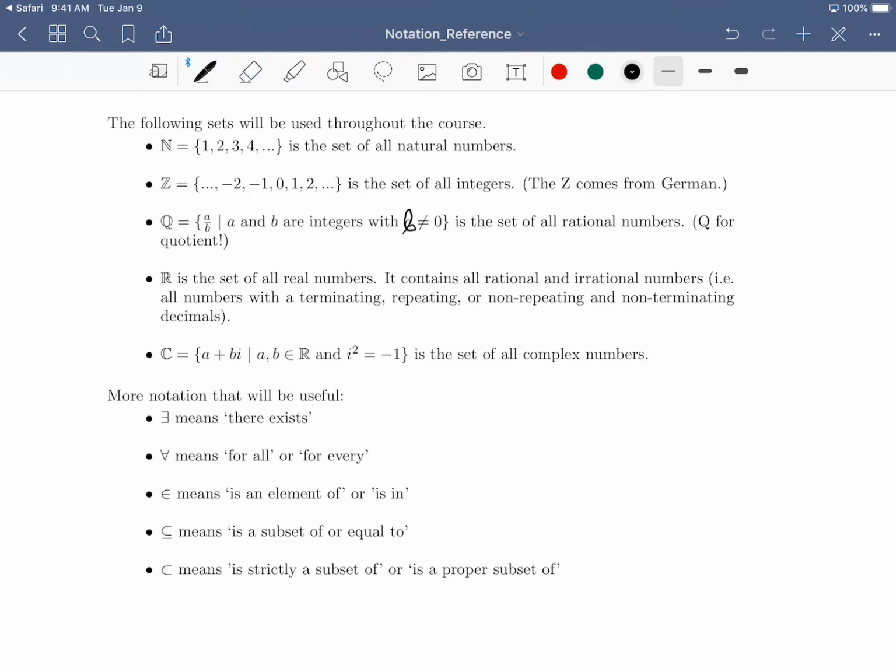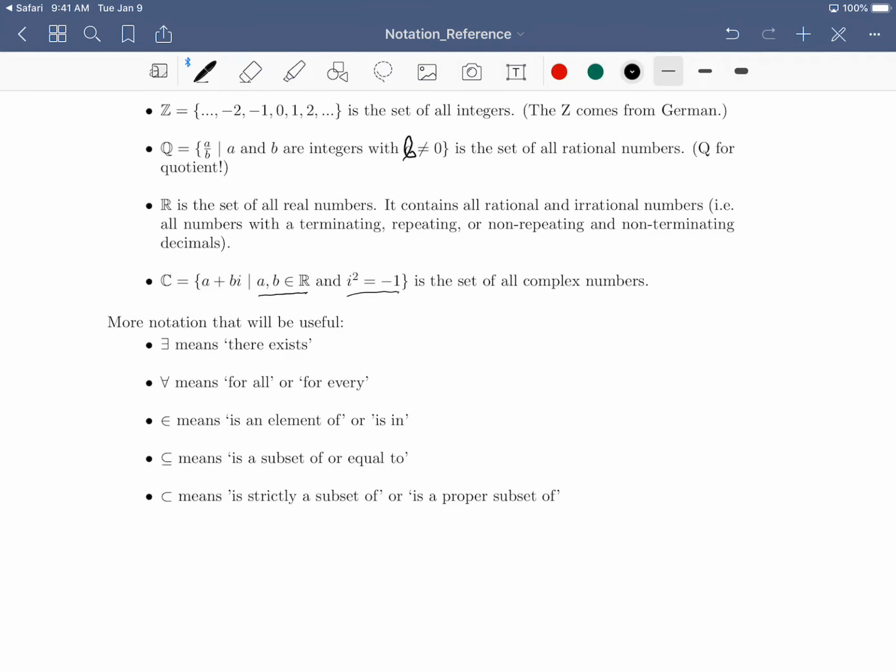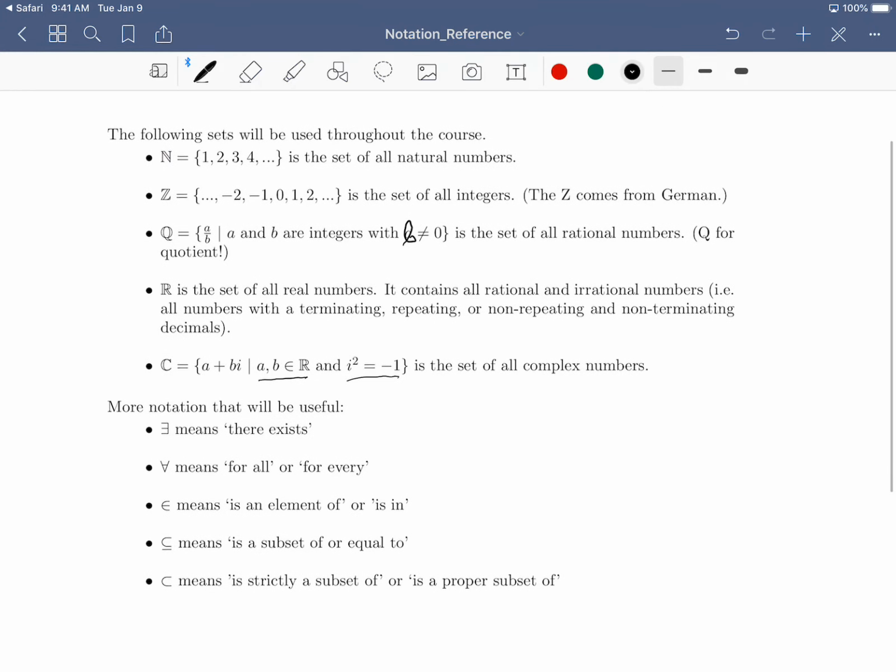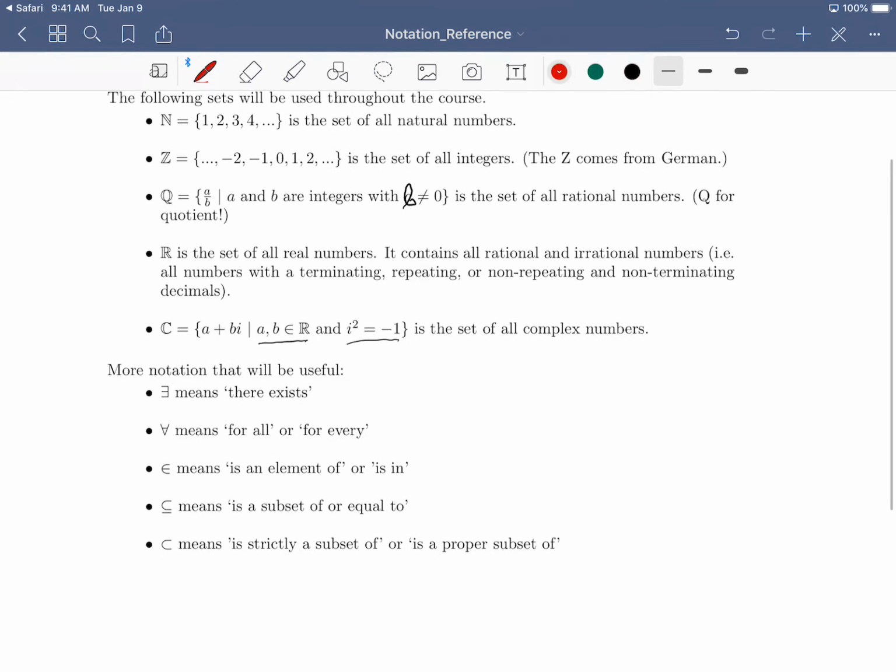So this is the set of all a plus bi, where a and b are rational numbers and i squared is -1. So i is that square root of -1. That's the set of all complex numbers. All right, let's talk about this notation for a second, this set builder notation in that last example. When I write down this set notation, the a plus bi here, I'm telling you what form the numbers take.